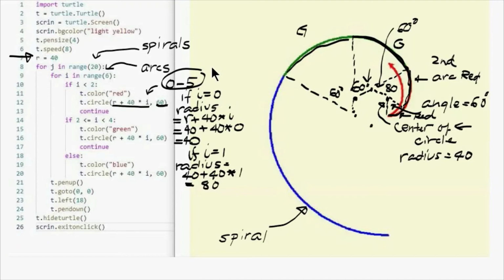And then for the fifth arc here, the center of the circle is right here. And then we draw the radius. The radius at this point, let me see, this is 40, 80, 120, and then this is 160, and then this is 200. So this is now 200.